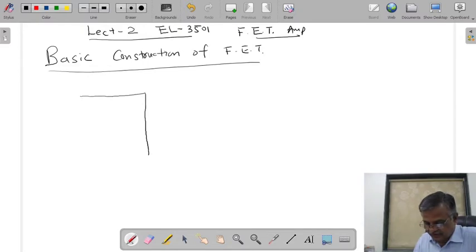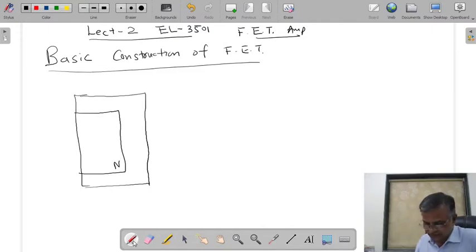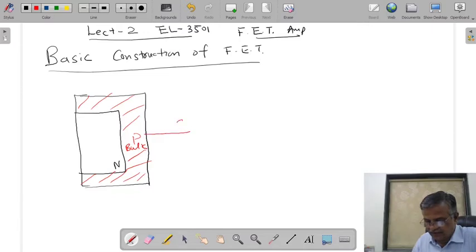In a field effect transistor, the lightly doped N-type semiconductor material is diffused in a P-type, which is called bulk or substrate, on which you are fabricating the field effect transistor.